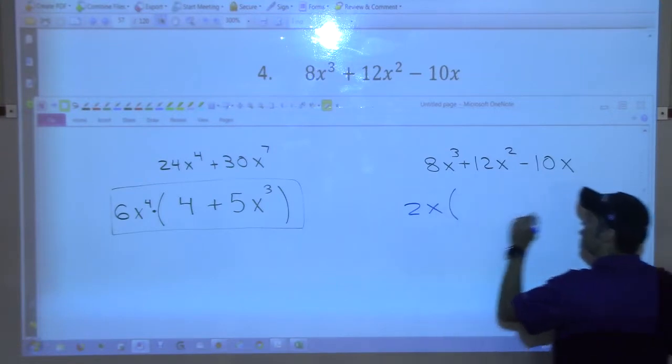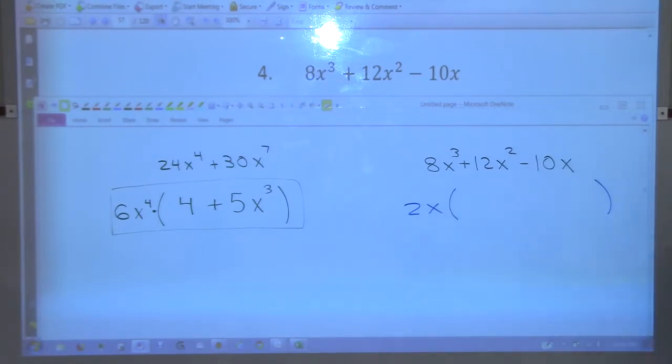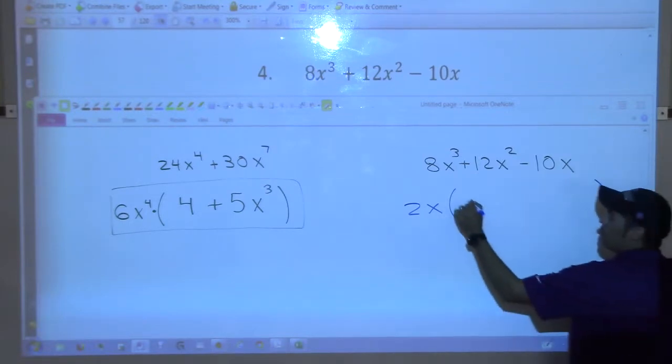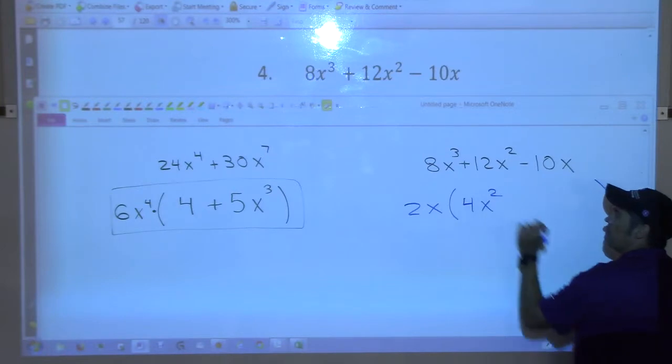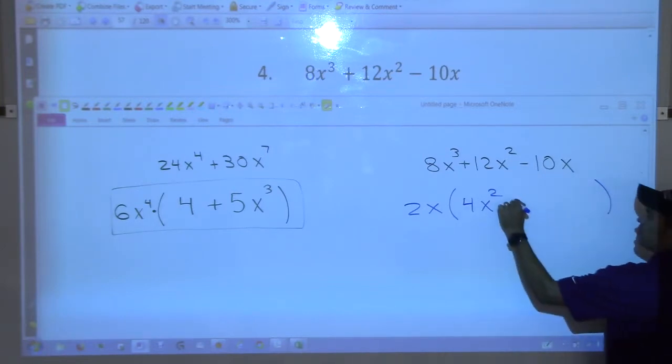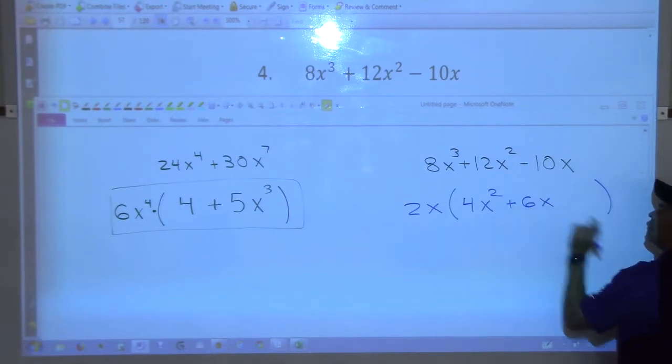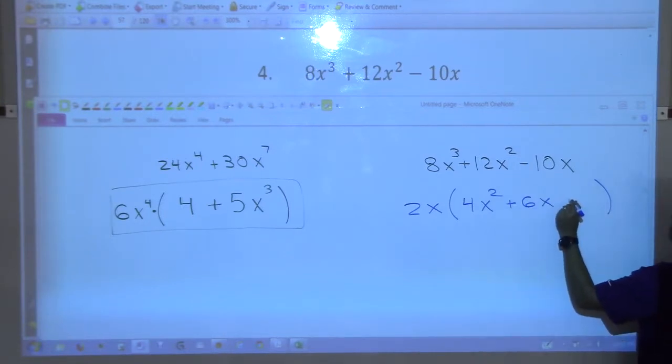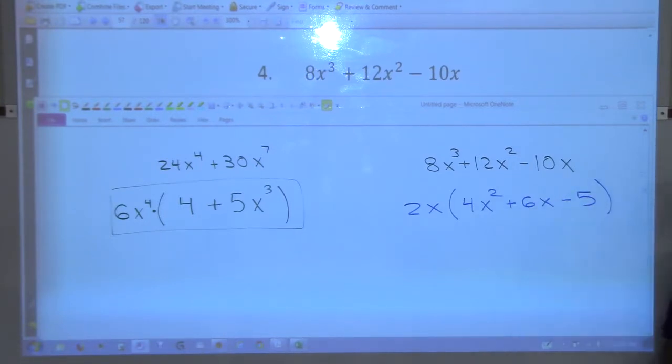And then a parentheses, enough room for 3 terms, right? So what goes in there, Dyson? 4x squared plus 6x plus minus 5. Okay, good. We all agree with Dyson on that? Okay. What next, Dyson?